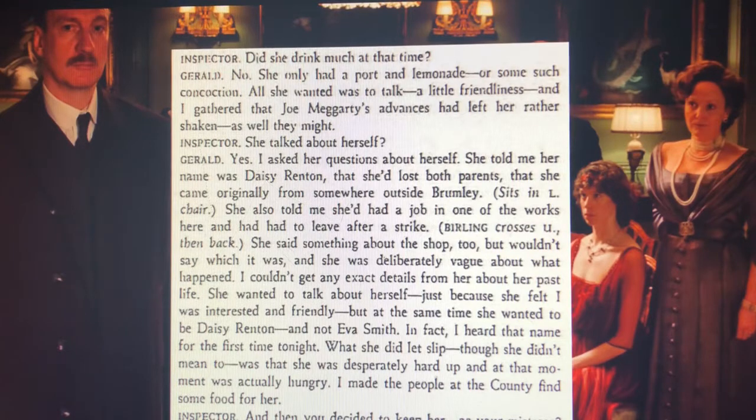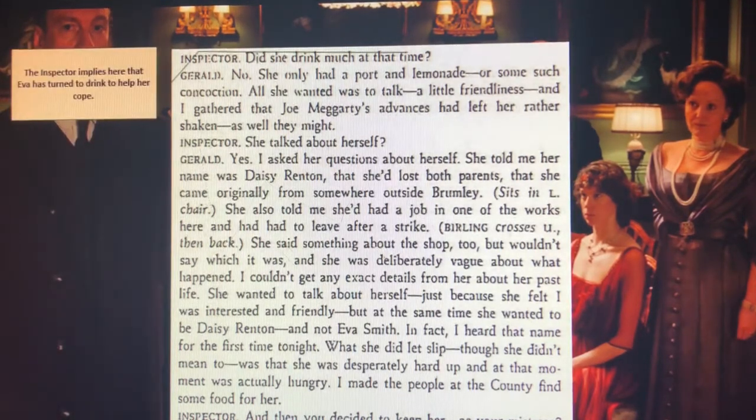She said something about the shop too, but wouldn't say which it was, and she was deliberately vague about what happened. I couldn't get any exact details from her about her past life. She wanted to talk about herself, just because she felt I was interested and friendly. But at the same time, she wanted to be Daisy Renton, not Eva Smith. In fact, I heard that name for the first time tonight. What she did let slip, although she didn't mean to, is that she was desperately hard up and at that moment was actually hungry. I made the people at the county find some food for her. And then you decided to keep her as your mistress?